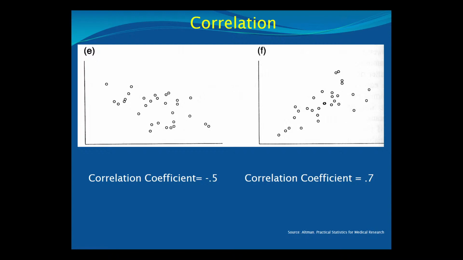For positive sign, both variables change in the same direction. For negative sign, they change in the opposite direction. And in the graph, we see different slopes for the points.